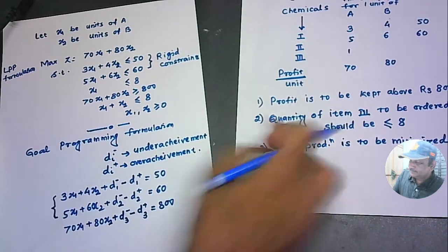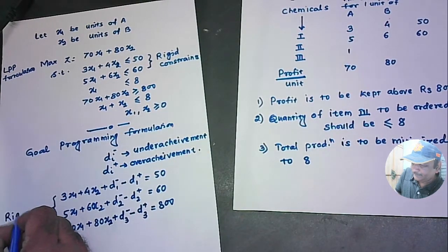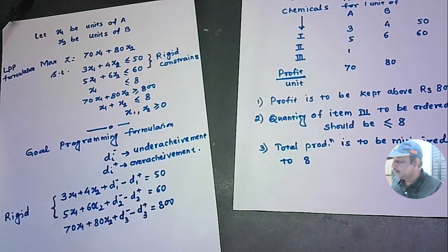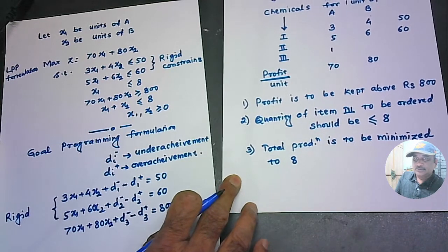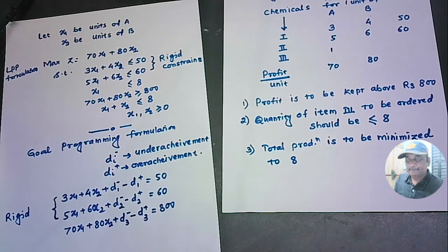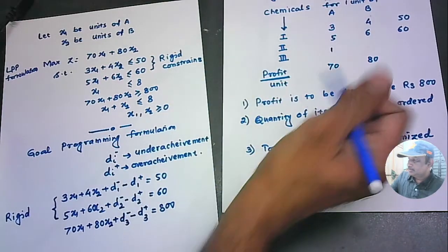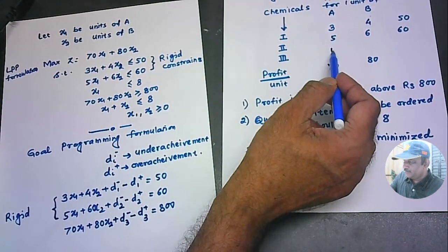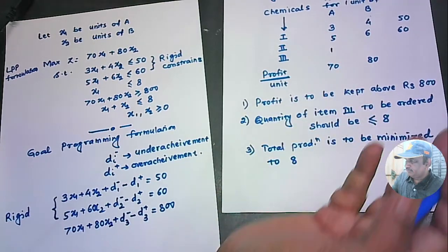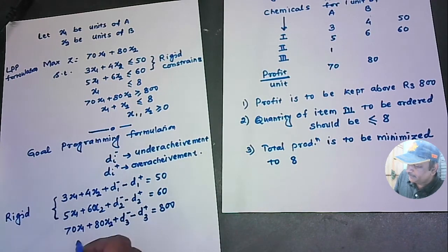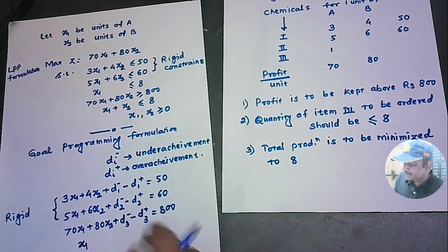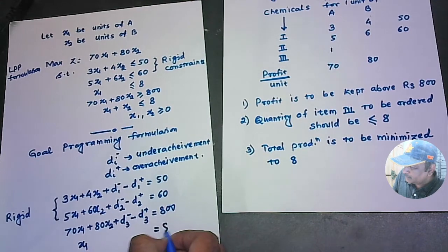So these rigid constraints I will be grouping in one, and here I write rigid. Then the quantity of item 3 to be ordered should be less than or equal to 8. What is the quantity of 3 to be ordered? The quantity of 3 required is 1, so x1 to be ordered means it is availability. Here x1 is the requirement, and on the right hand side I know the availability is going to be 8.